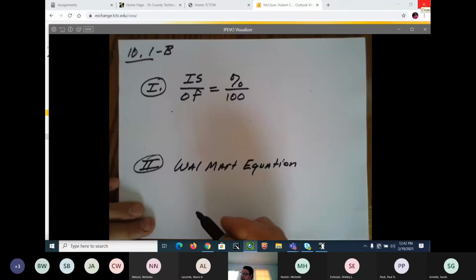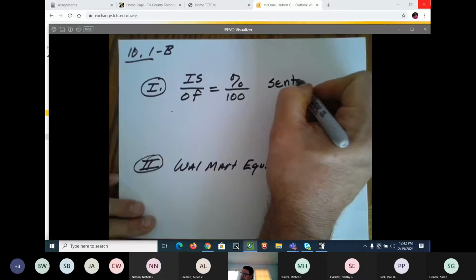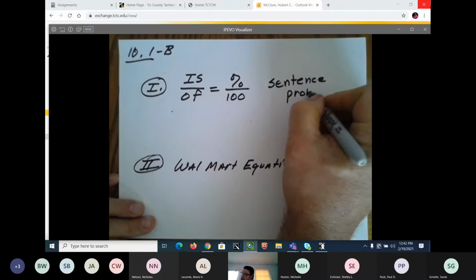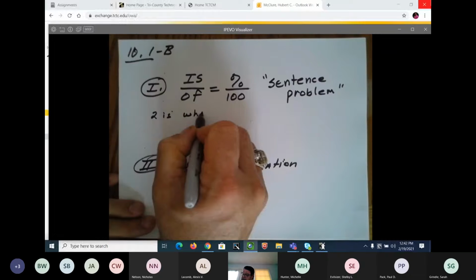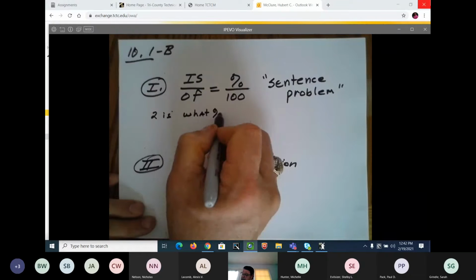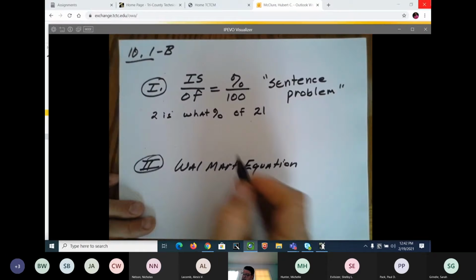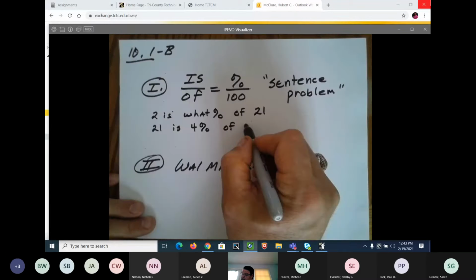Is of percent over 100. You ever seen a sentence problem? I call it a sentence problem. 2 is what percent of 21? 21 is 4% of what number?